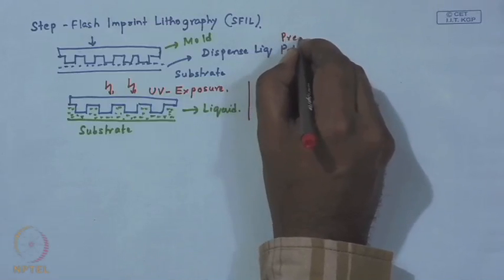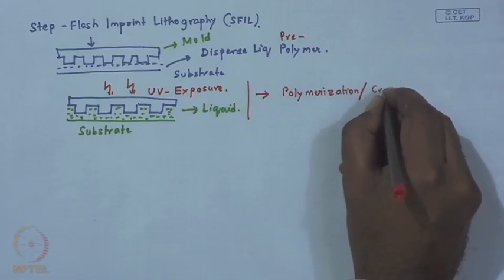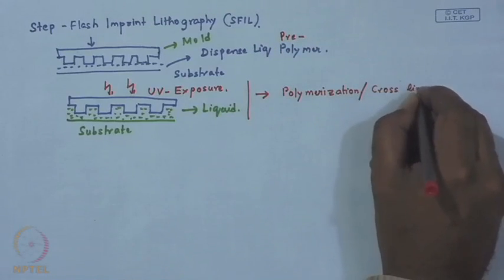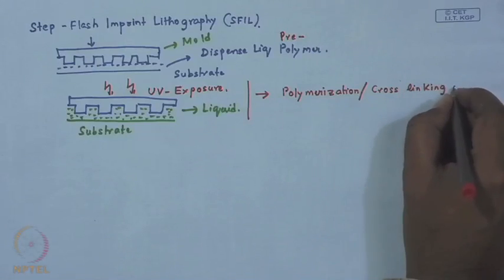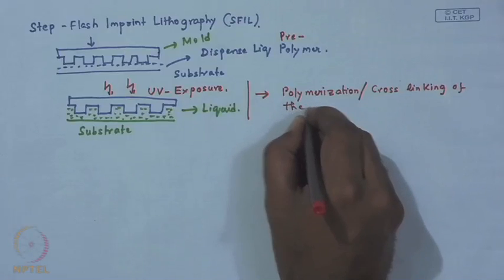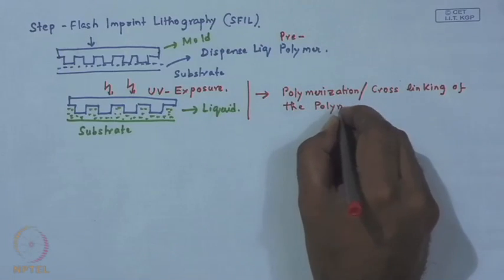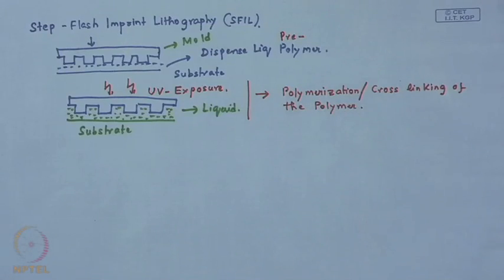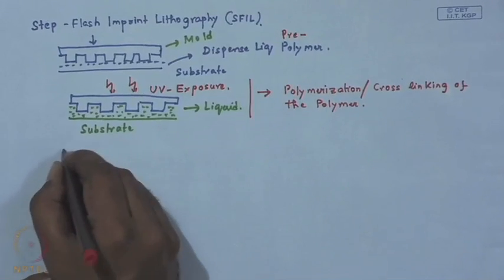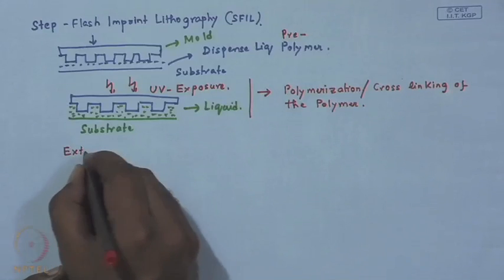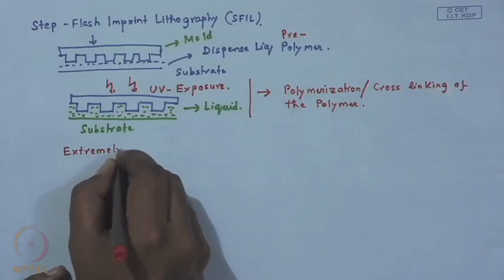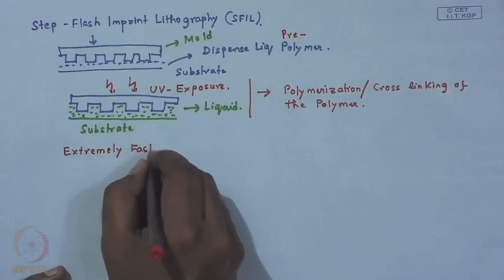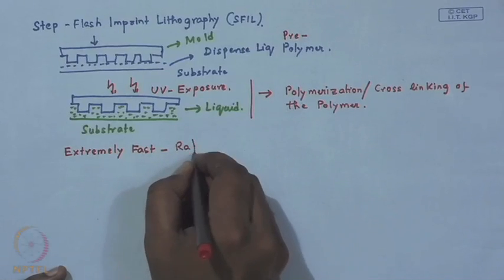I would add the word pre-polymer here. So, this is a very simple method, very fast also. That is another big advantage of SFIL, that it is extremely fast. Pretty rapid.